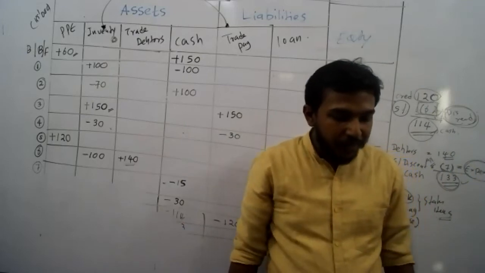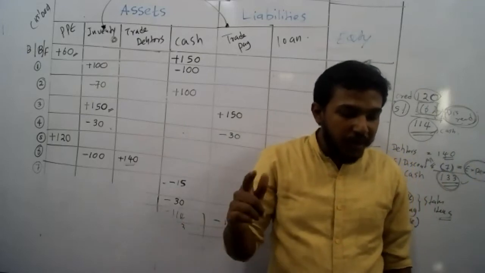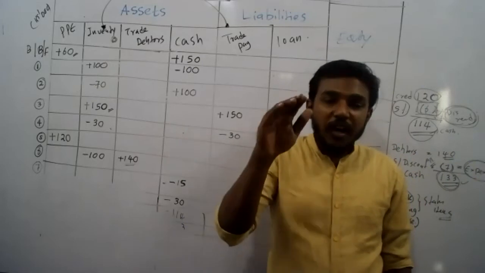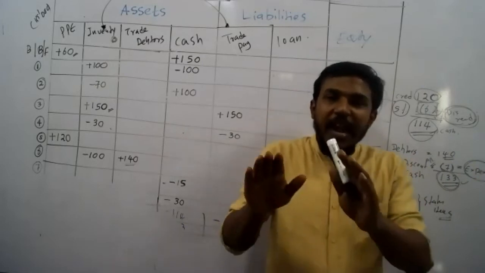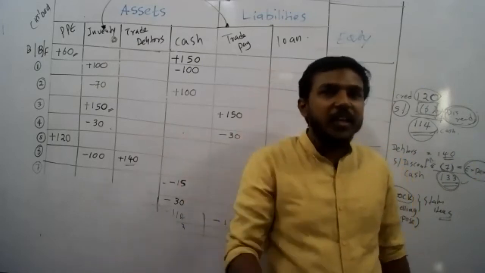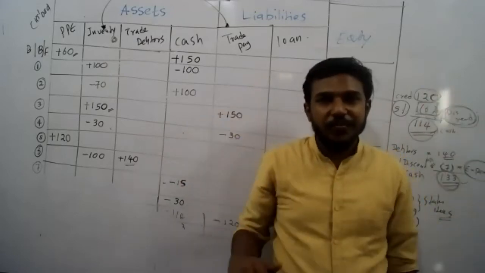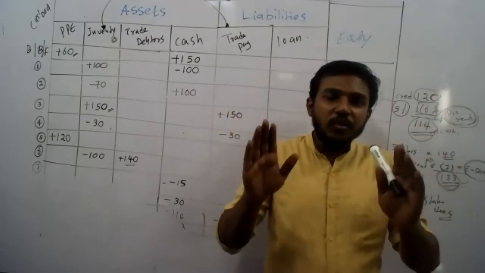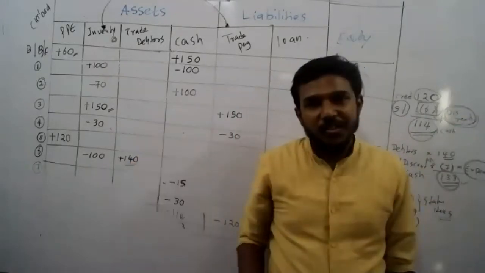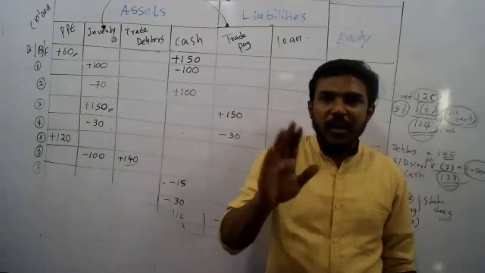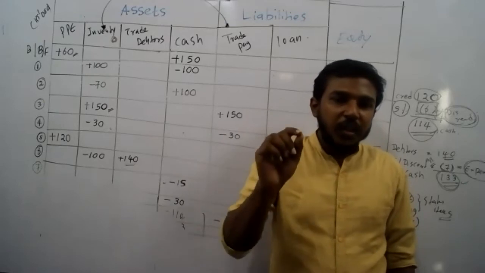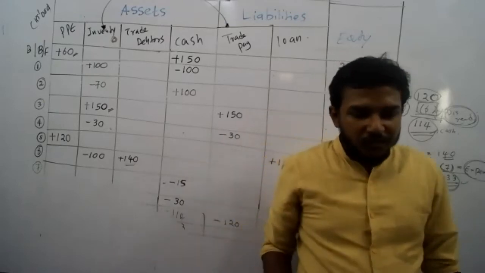Here they say: using the accounting equation, show the impact of the above transactions from 1 to 10. That means not the additional information, you are supposed to take only transactions 1 to 10.